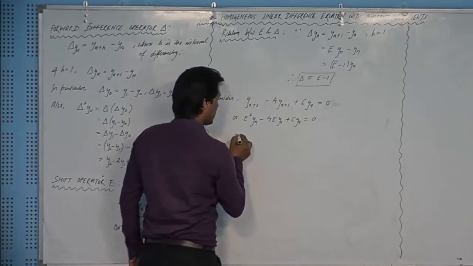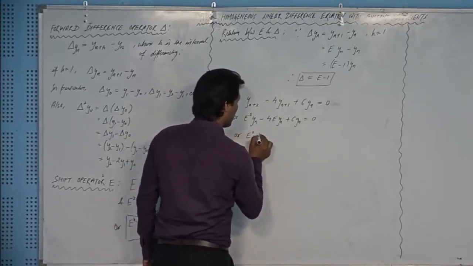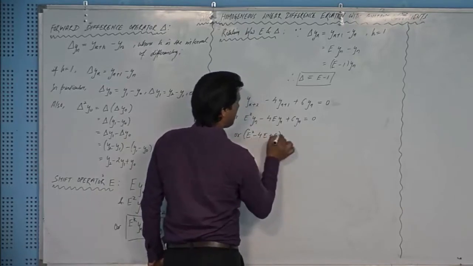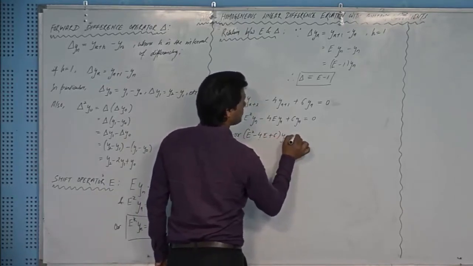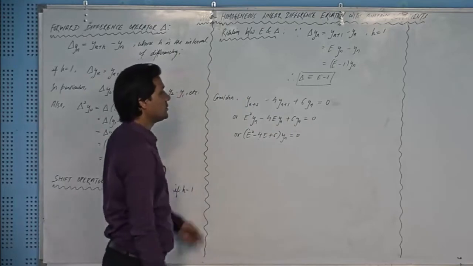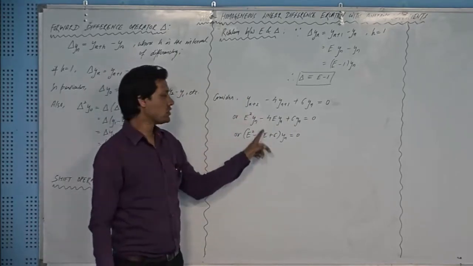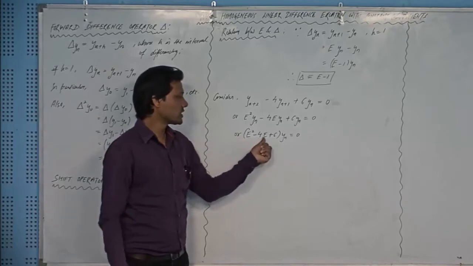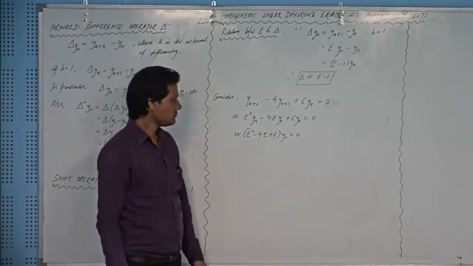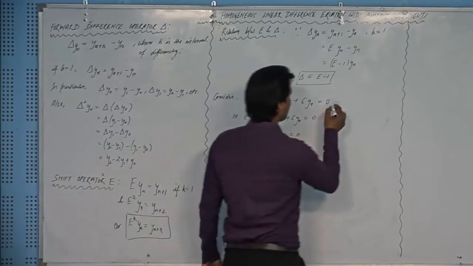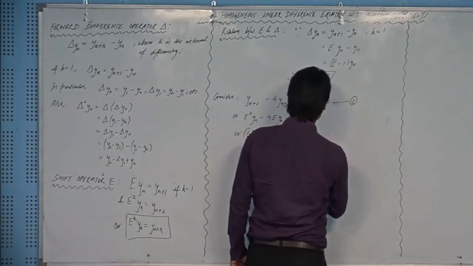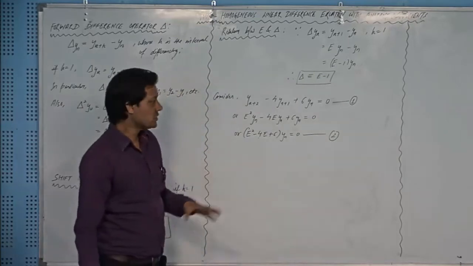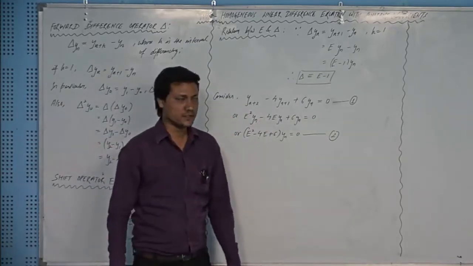And then you can write it as E square minus 4E plus 6 operating on yn equal to 0. So you can see that the original difference equation is converted into a new form containing the operator capital E. So the first is the first equation, and this is the second. The second and the first are just different forms of the same equation.